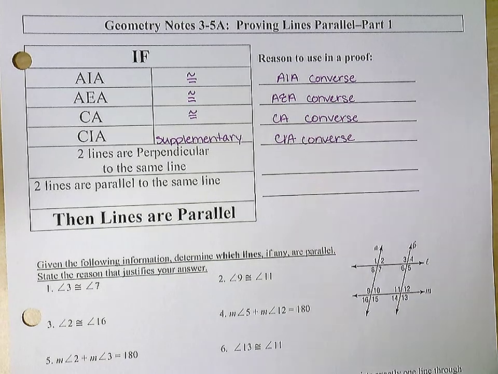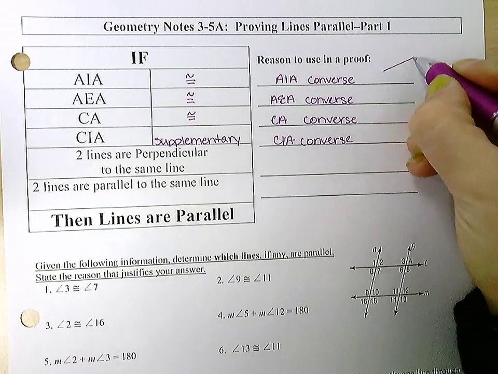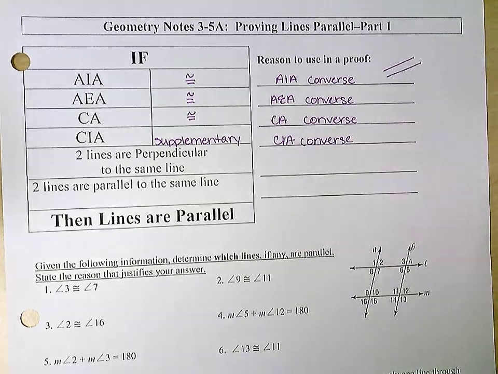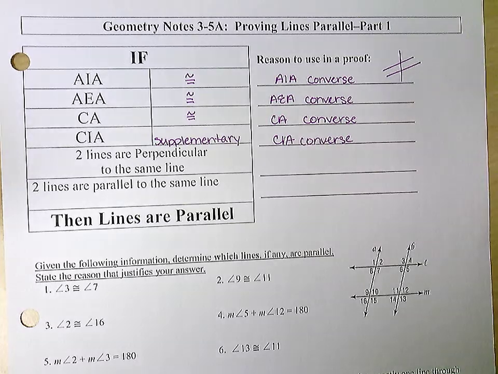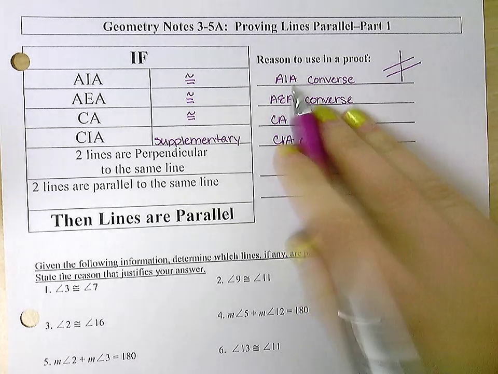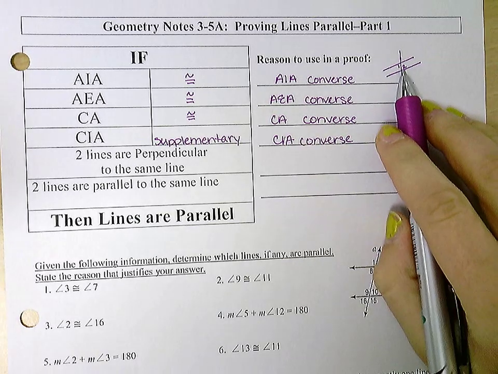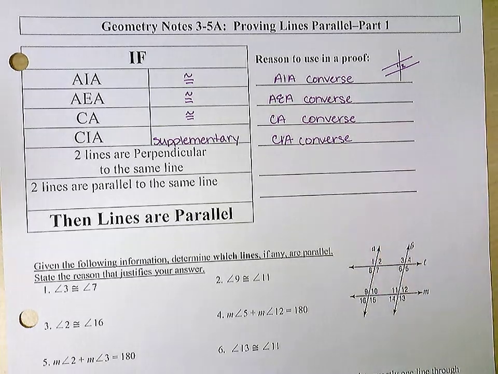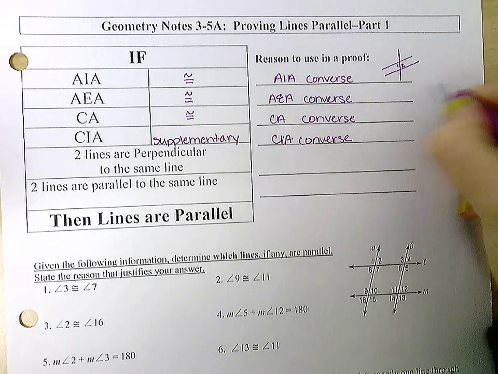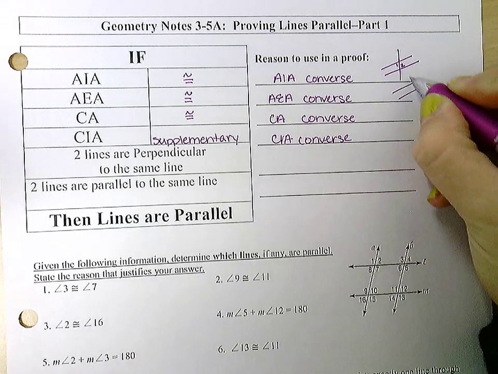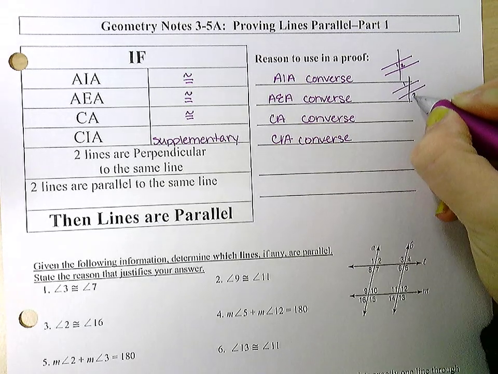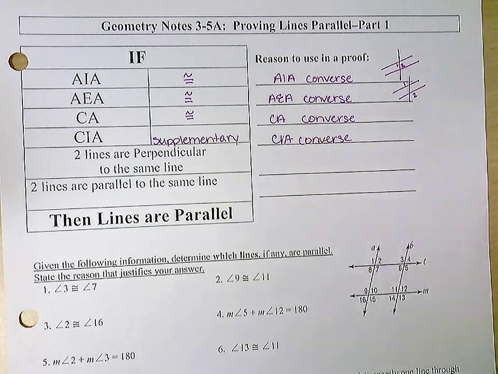Okay, if you forgot where those angles are, I can draw a little picture here for you. So if I have parallel lines, right, with a transversal, alternate interior angles are those ones inside across the transversal there. Alternate exterior angles are on the outsides across the transversal.